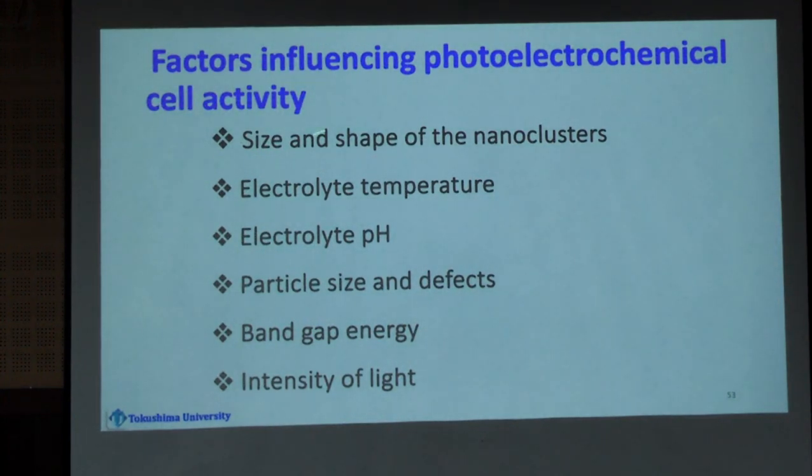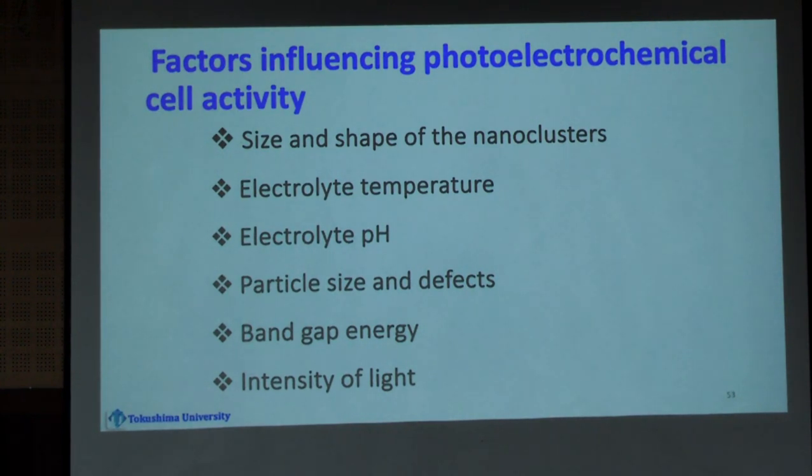The factors that affect it: earlier in case of photocatalysis, if you remember, semiconductor, concentration of semiconductor, light intensity, pH. Here, size and shape of the nanocluster, what kind of material you have used, electrolyte temperature, solution temperature, pH, particle size and defects, okay?